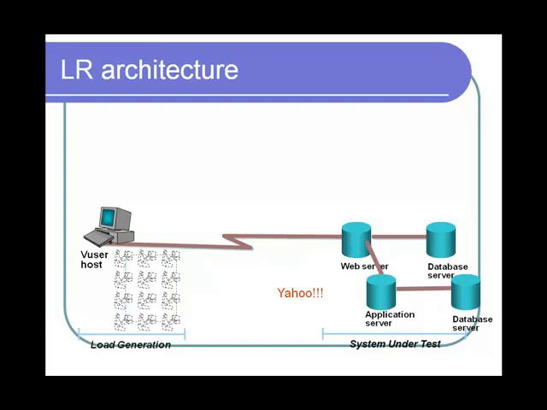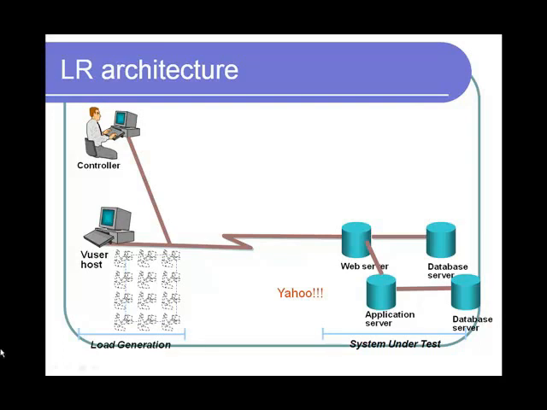Say in our Yahoo example, we could have one VU host generating 1,000 users. So in all, we could have 5 different VU hosts generating 5,000 users as required. The controller is a machine which organizes, drives, manages, and monitors the load test.